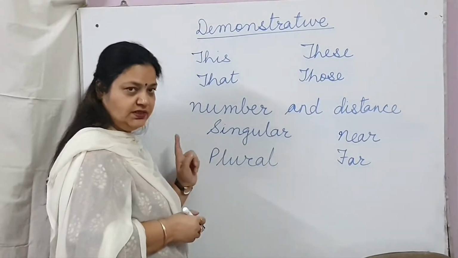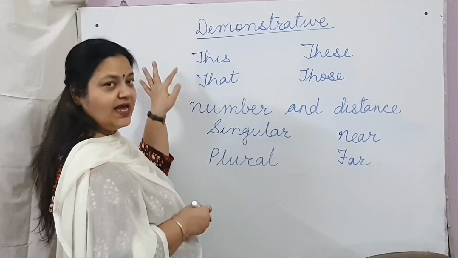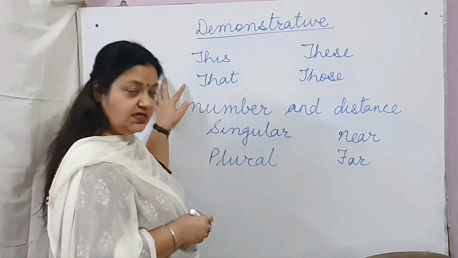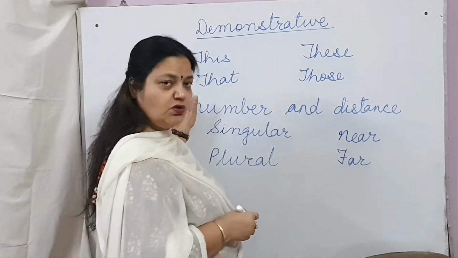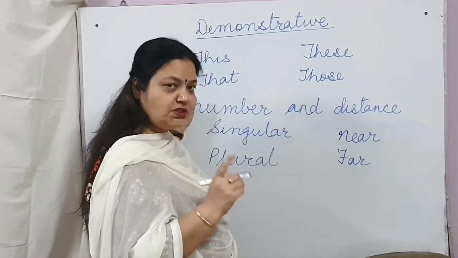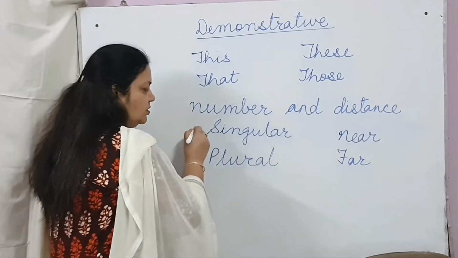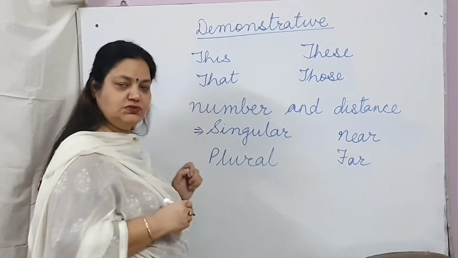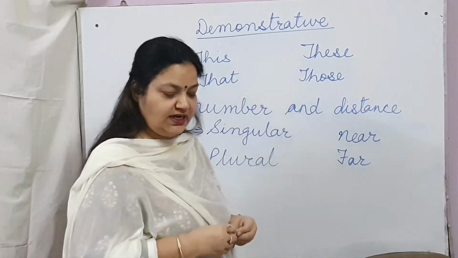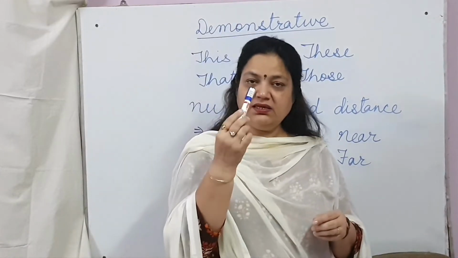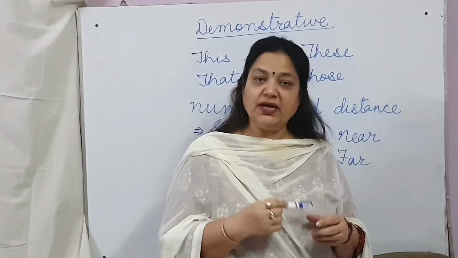First, singular. Now the words this and that are used for pointing or indicating towards certain singular nouns. Like supposingly I say, this pen is mine.